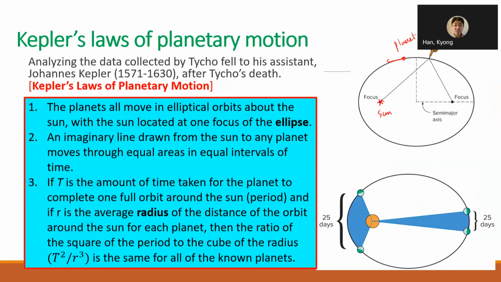Then the second law: an imaginary line drawn from the sun to a planet moves through equal areas in equal intervals of time. If we count 25 days, this striped area, with this the sun and this the planet, such as Earth, Venus, Mars, or Jupiter, moved over 25 days.